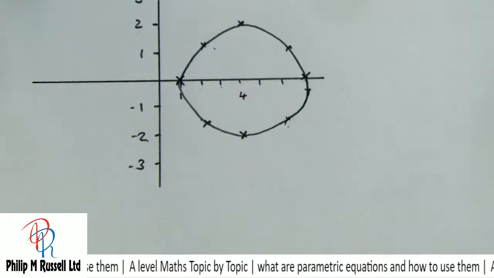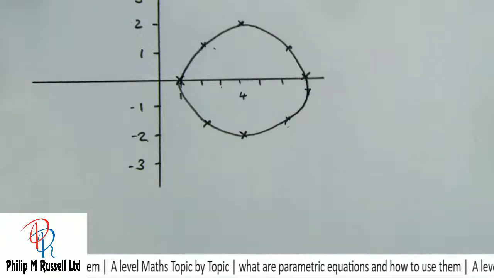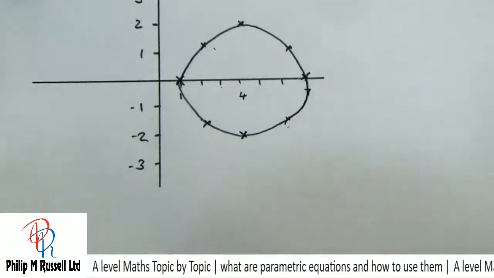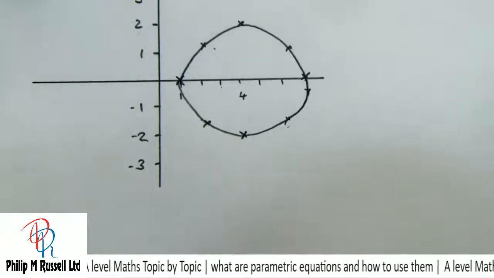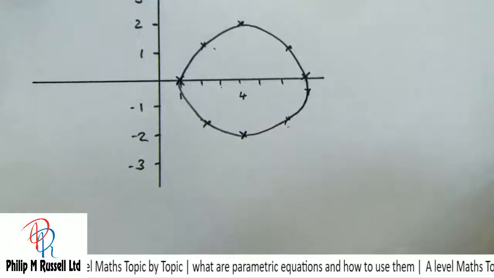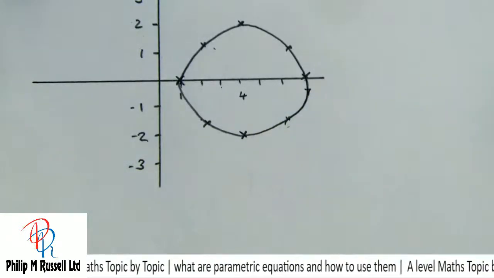Now we can do more with these parametrics, but one of the things I want to do, rather than go on with some of those things, is to see if we could actually differentiate one of these parametric equations.